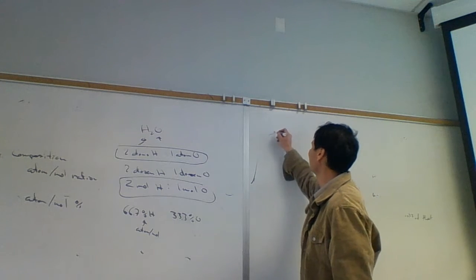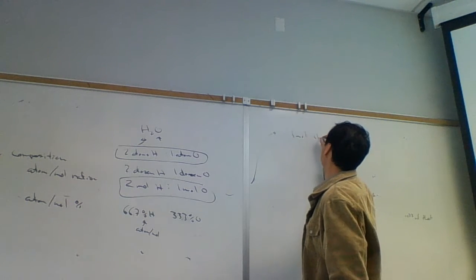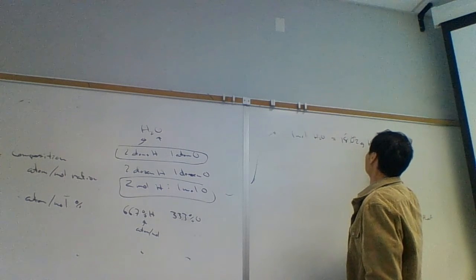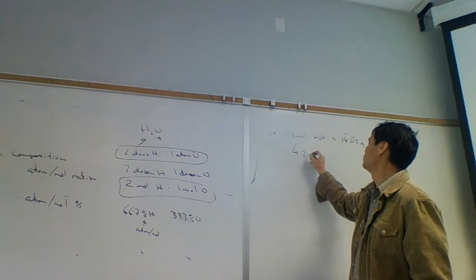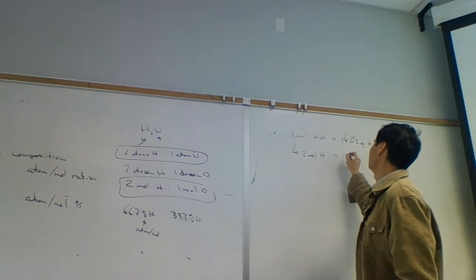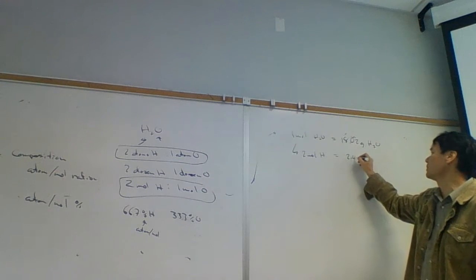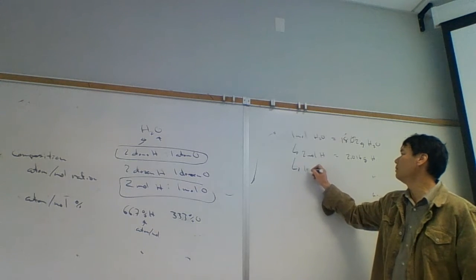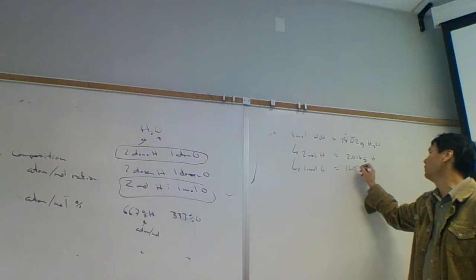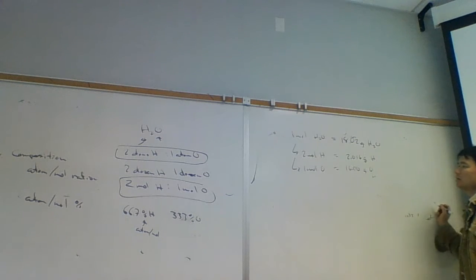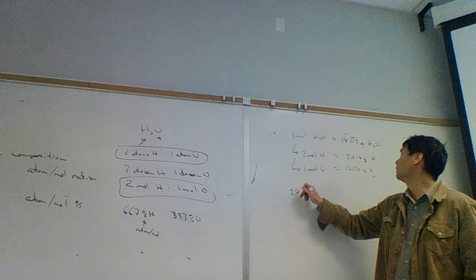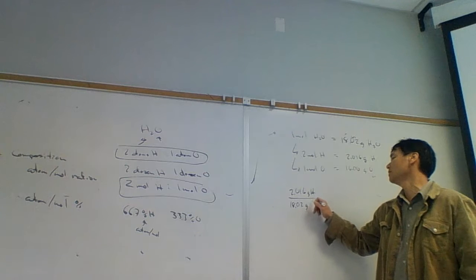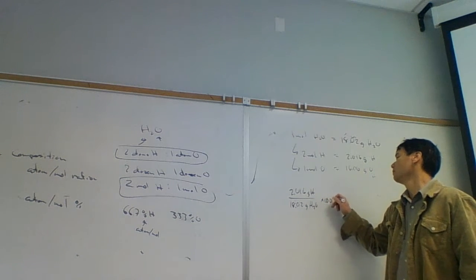And so let's take the mole percent. 1 mole of H2O is equal to 18.02 grams of H2O. If I have 1 mole of H2O, then I have 2 moles of H. 2 moles of H is equal to, here I'm going to take it to 3 decimal places because I want 4 sig figs, 2.016 grams of H. If I have 1 mole of O, I have 16.00 grams of O. And so now I can do 2.016 grams of H for every 18.02 grams of H2O times 100%.